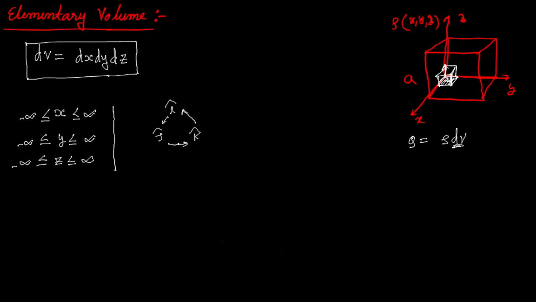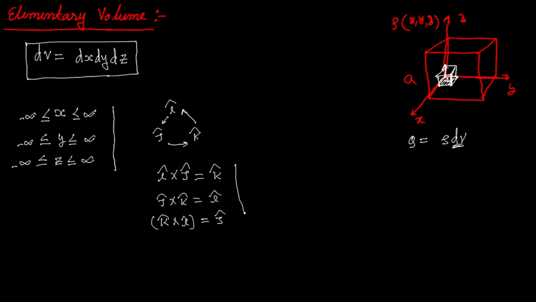So i cross j gives k cap, j cross k gives i cap, and k cross i gives plus j cap.